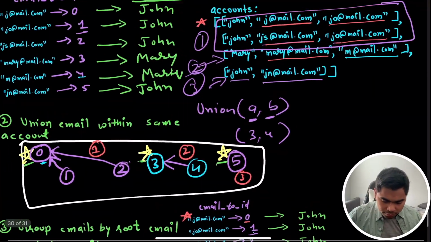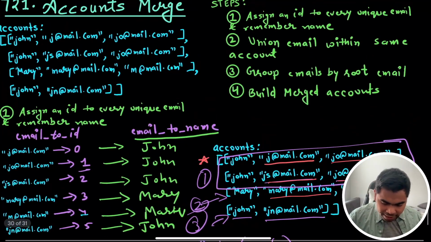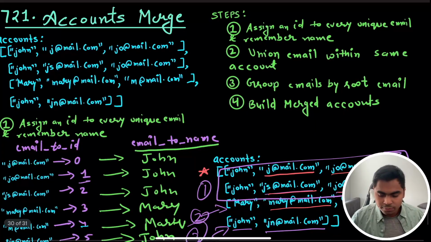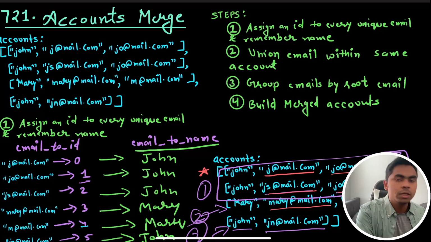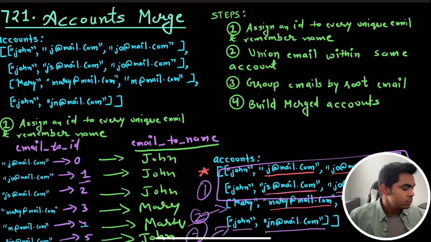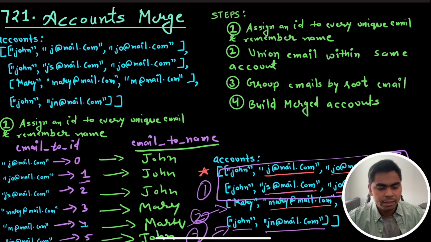I know it's a lot of steps, but I have done my best to break it down into 4 steps. Now let's move on to the coding part. We might go back and forth while coding, because I want to go through these different steps. I'll make notes of it, because it's definitely one of the complicated problems, I would say.